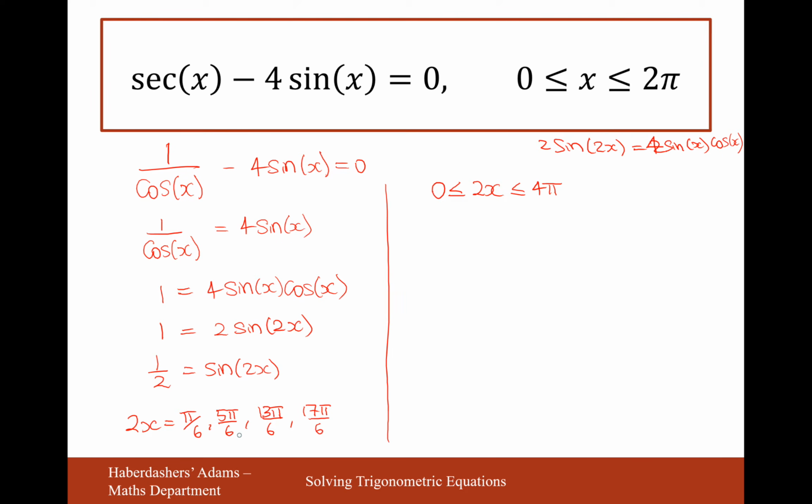And the last thing I'll do is I'll divide all of these solutions by 2, so my answer here is pi by 12, 5 pi by 12, 13 pi by 12, and 17 pi by 12.